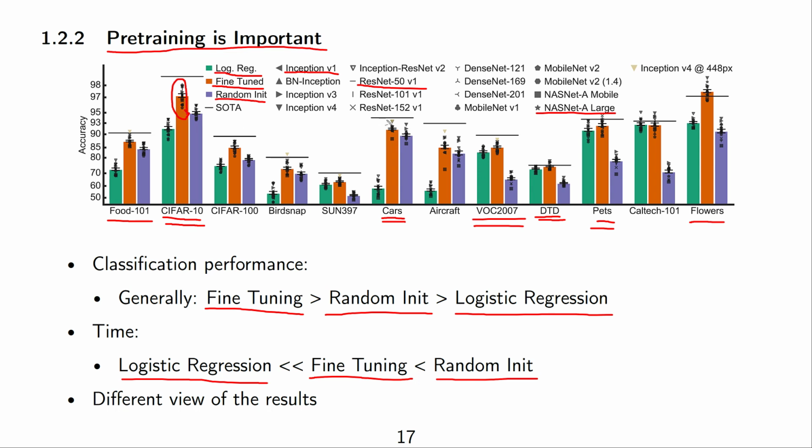But for some of the examples, for example for cars, maybe this triangle here is Inception V4, and here the top performers are Inception V4. So there is a pattern that these inverse triangle-shaped ones, Inception V4, tend to be the best in many of the tasks.